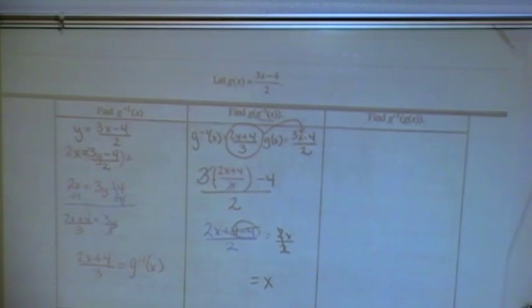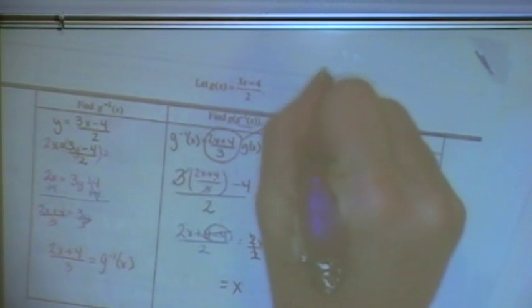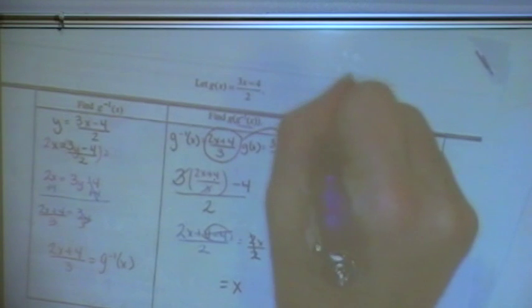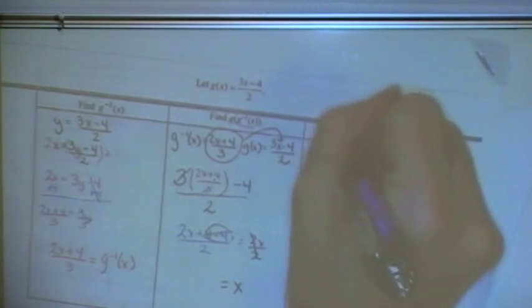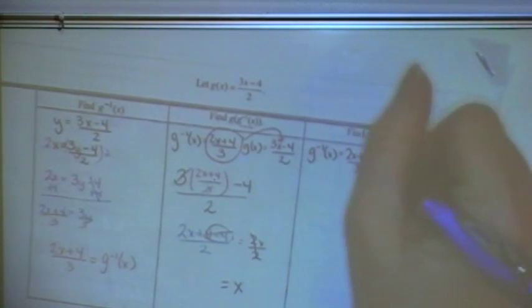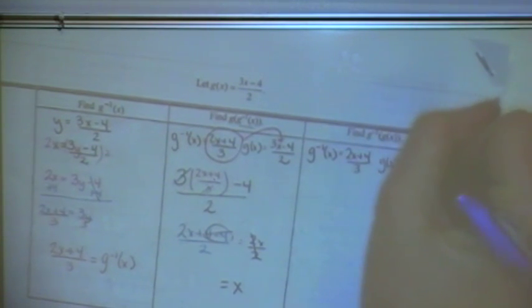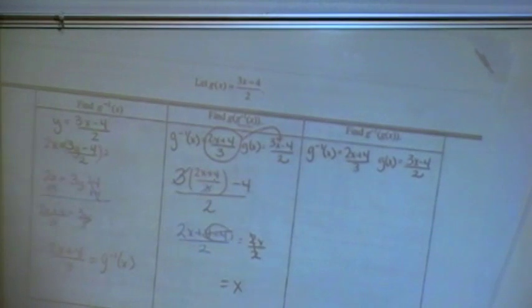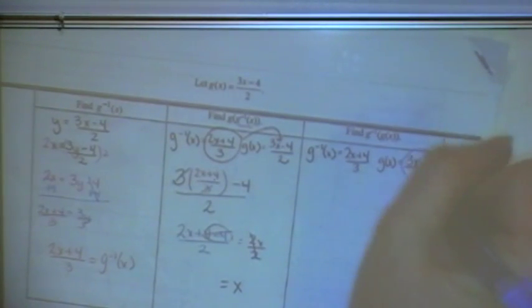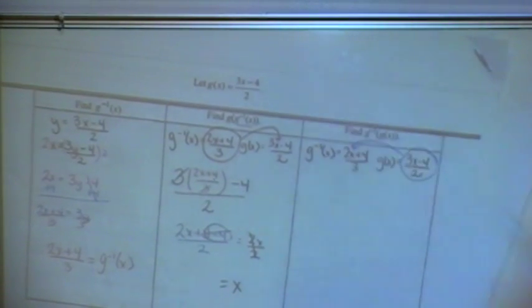So again, I'm going to write them down next to each other because I just think sometimes it makes it easier to see. This time I'm plugging all of this there.